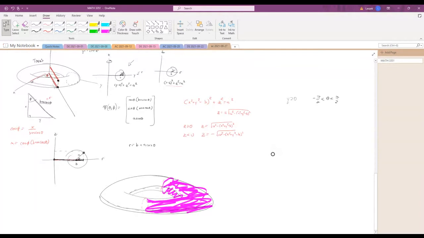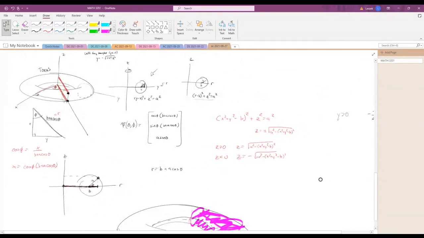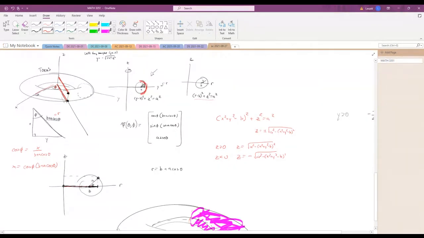If we come back to the picture, if we want to cover the part where y is positive, but we want to cover the equator, I want to cover that part. So theta has to be between negative pi over 2 and pi over 2. Draw that better.